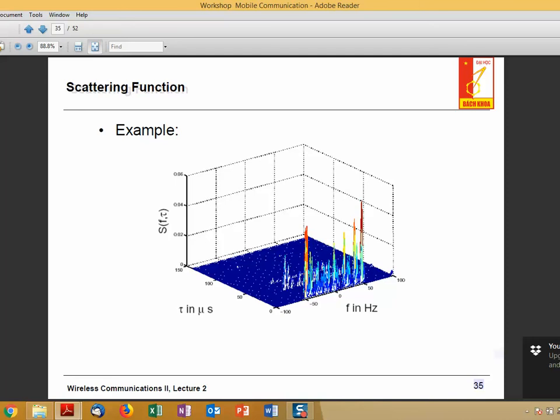F0 is the frequency. Can you observe here the frequency?